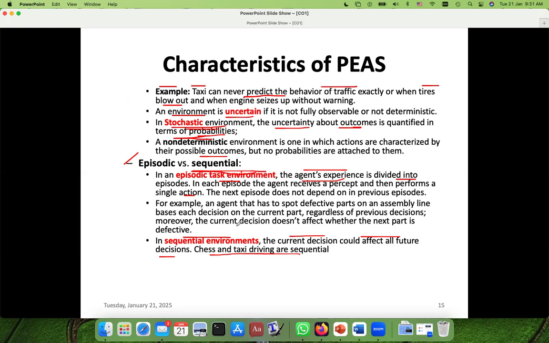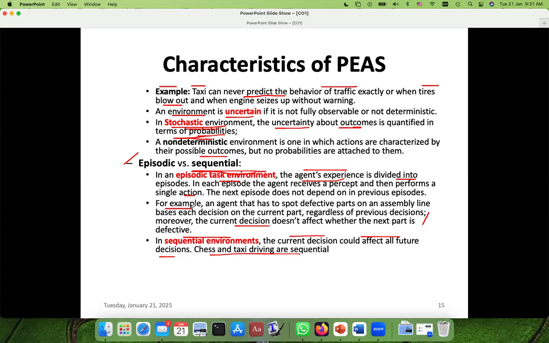And for episodic, there is an example, but I didn't mention it. Sorry for that. Here, if your robot is working on an assembly line, on a belt, and it is picking up faulty or defective parts which are coming on the belt. One part appears before the agent, and the agent has picked it up.